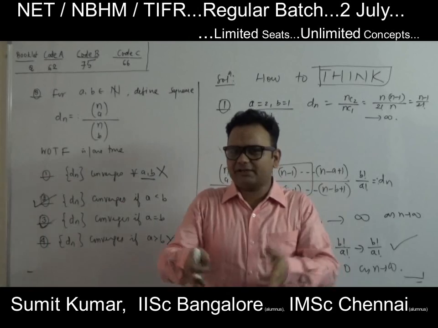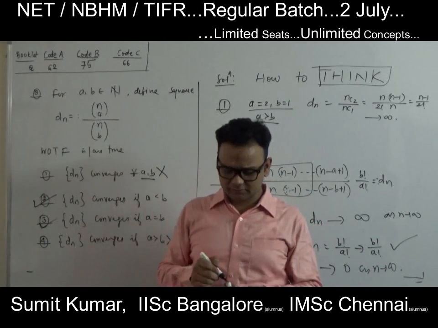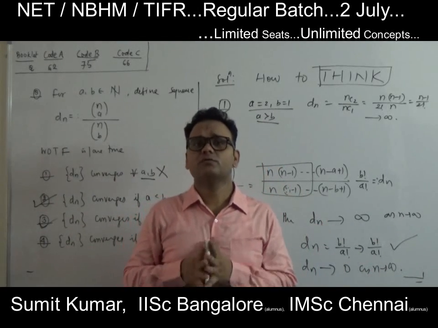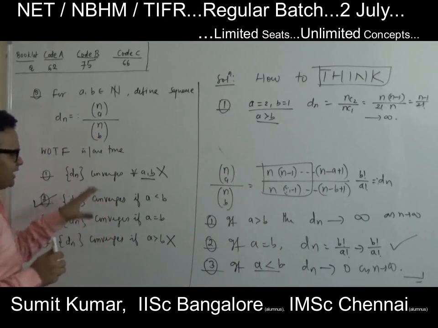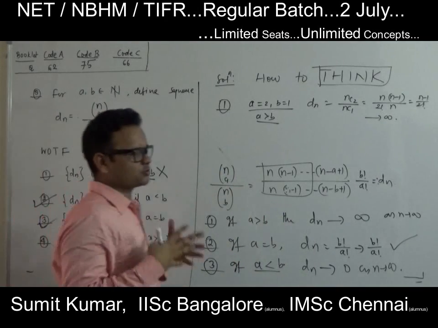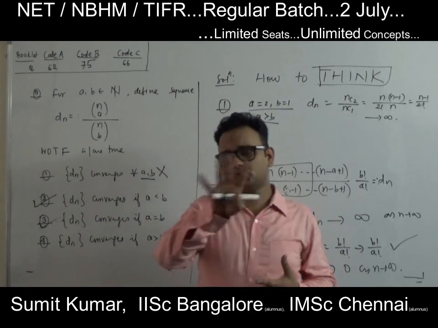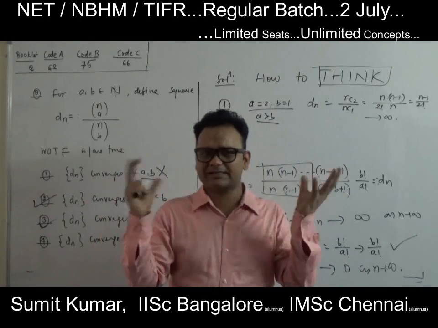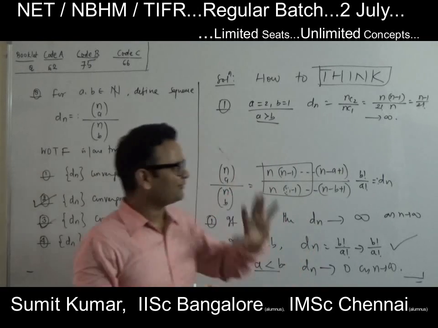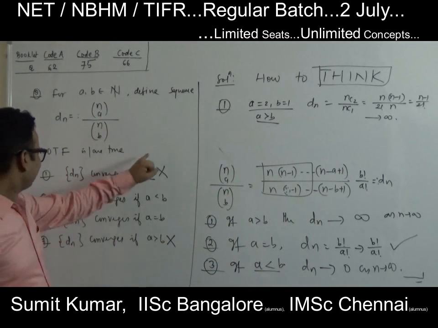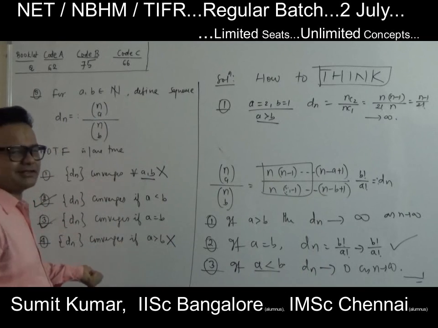If you know the theory, fine. If you don't know the theory, we should still be able to answer this kind of question. You should also know how to discard options, but that comes when you have sound concepts and sound knowledge in mathematics. What about 2 and 3?